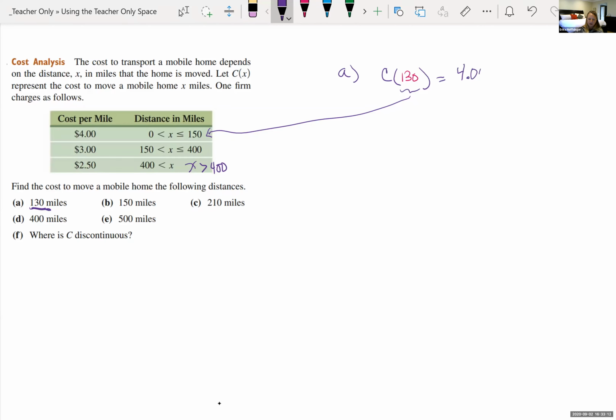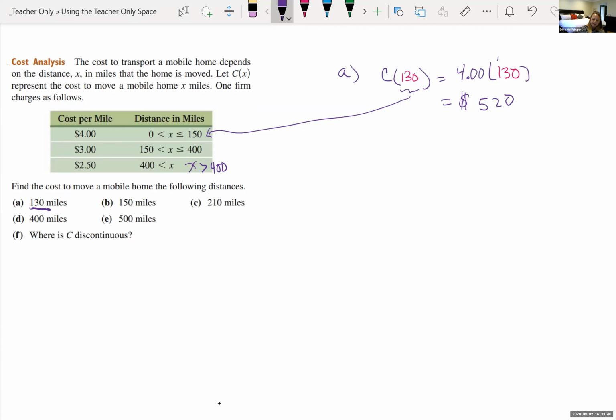And that was 130 miles that they're driving. So 4 times 130: 4 times 0 is 0. 4 times 3 is 12, carry the 1. 4 times 1 is 4, plus 1 is 5. So $520 would be the cost to drive 130 miles.